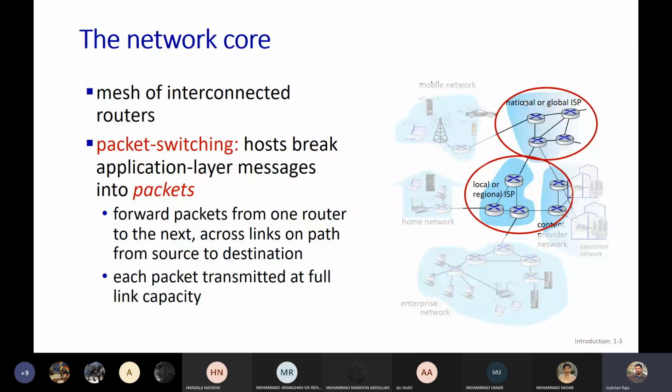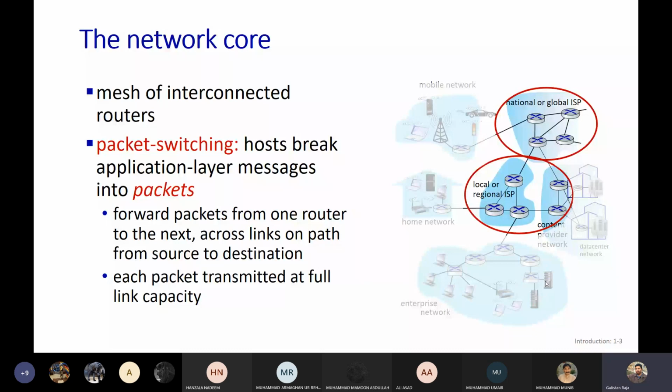What is the objective? So that it can reach the destination, right? So naturally, this laptop on the top left wants to send data to some other host in this internet. So the job of the router is to forward packets from one router to another router so that it reaches the destination.